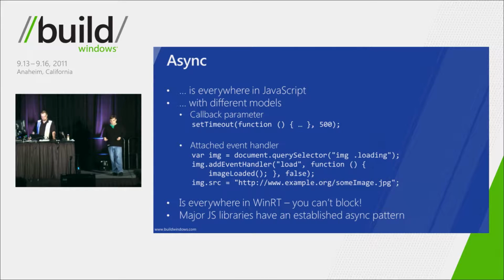Now the second pattern is the event handler pattern. Here on these slides, I've got an image tag. I hook up to the load event on that image tag, and then I set the source property. After the browser is finished downloading that image, it will fire the load event, and then my callback function will work. The WinRT at a raw level actually follows this event handler pattern as well.